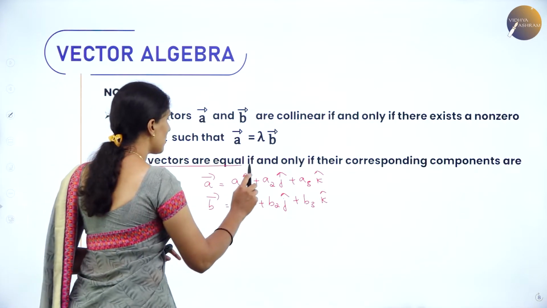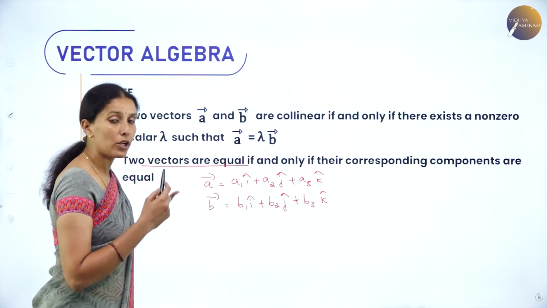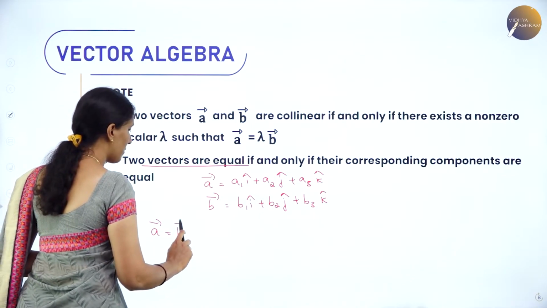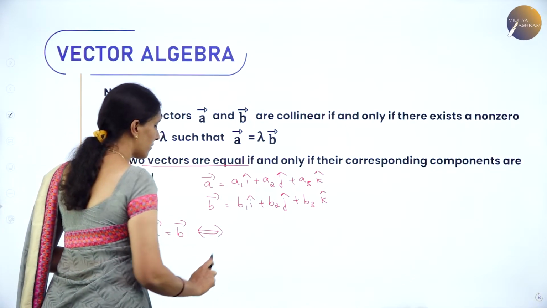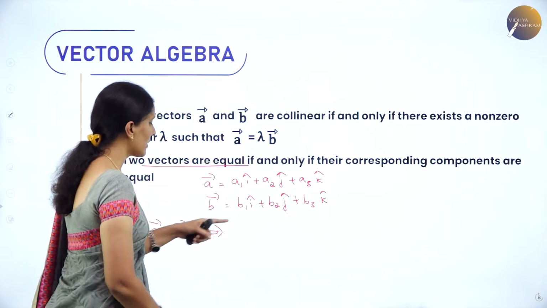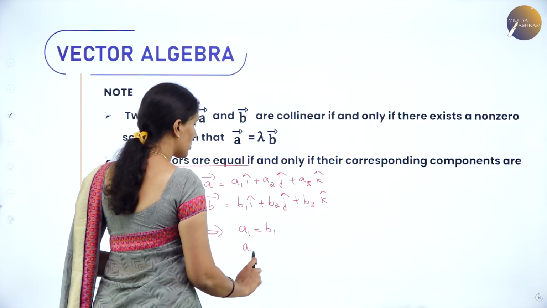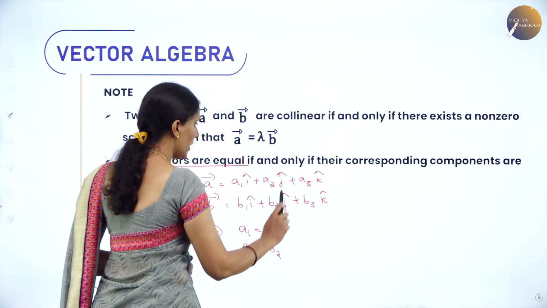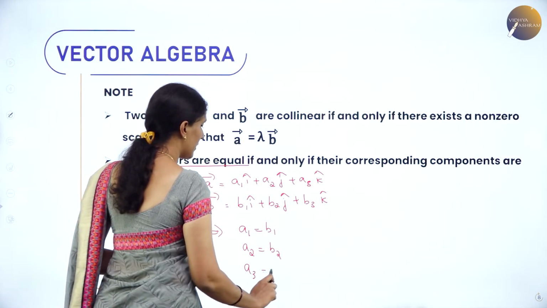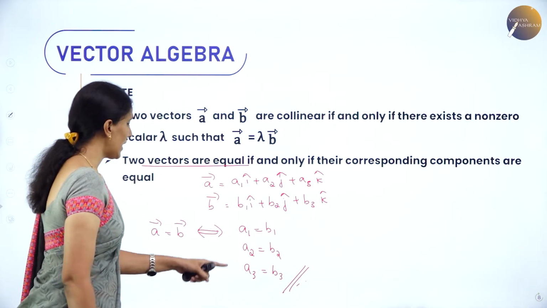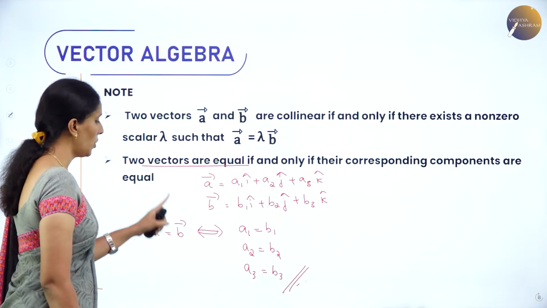So, two vectors are equal if and only if their corresponding components are equal. So, we say vector A is equal to vector B if and only if x components are equal, that is A1 is equal to B1, y components are equal, that is A2 is equal to B2, and z components are equal, that is A3 is equal to B3. So, only when this condition is satisfied, we can say vector A is equal to vector B.